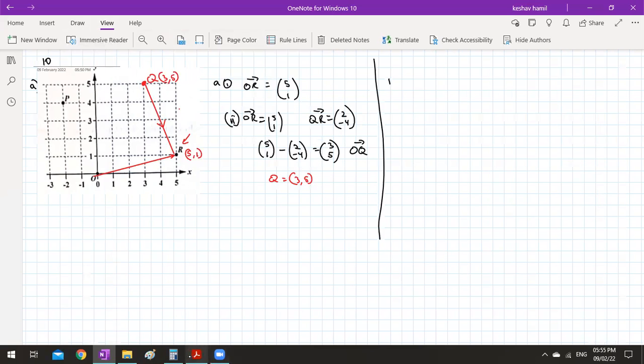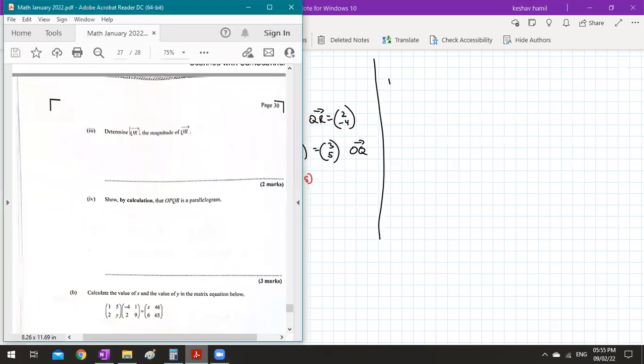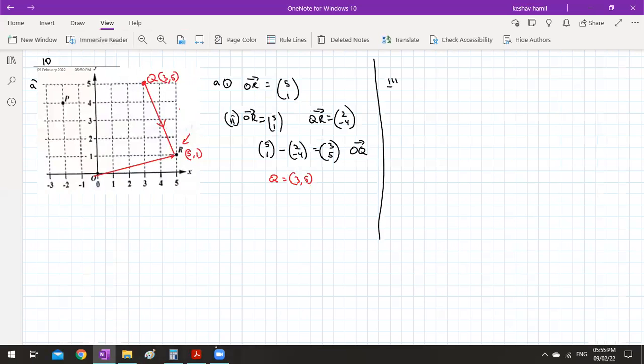All right, so this is part 3. We know the vector QR is 2, negative 4. The magnitude would be the square root of the X value squared plus the Y value squared.